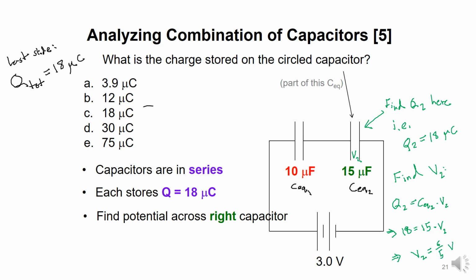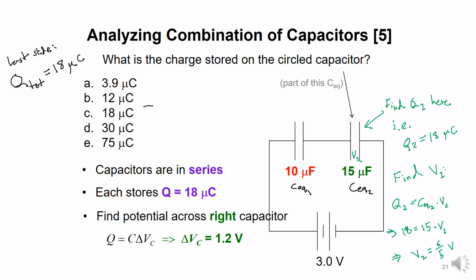And for V2, we get 6/5. All right. So we get a voltage of 1.2 volts across the green capacitor, the green combination.